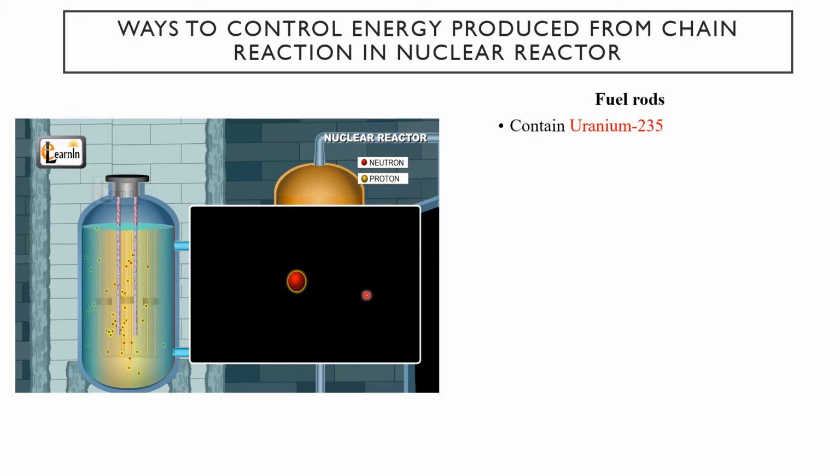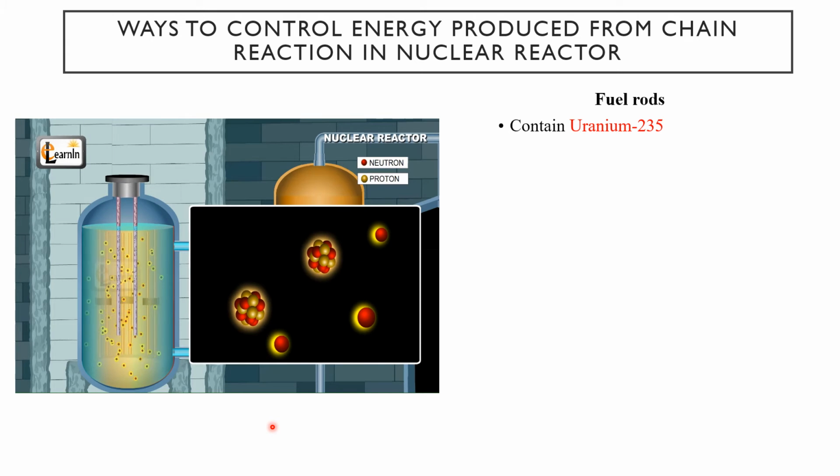As you can see in this video, the thermal neutron which has energy about 0.04 electron volt will produce a fission reaction with uranium-235, and this neutron has energy about 1 MeV.